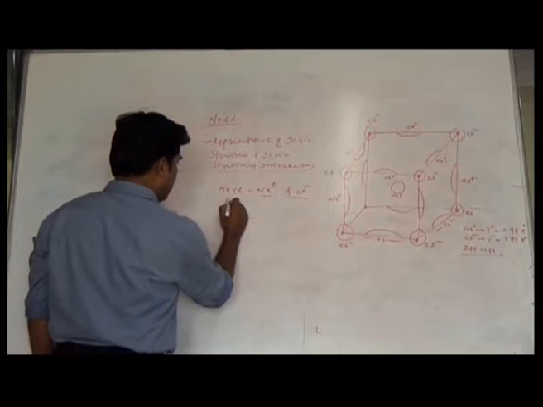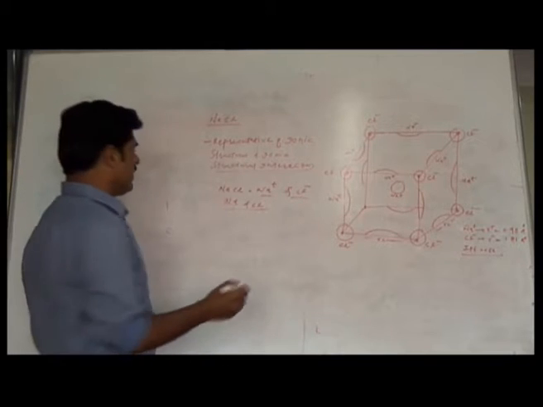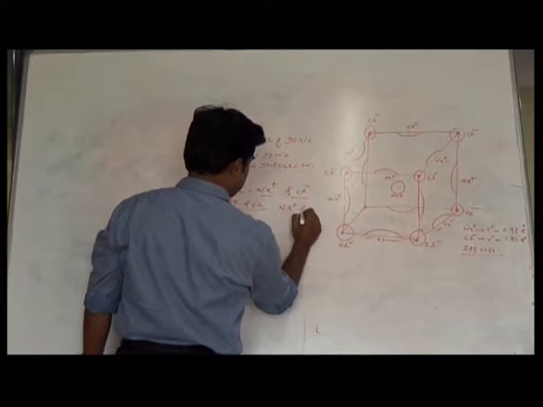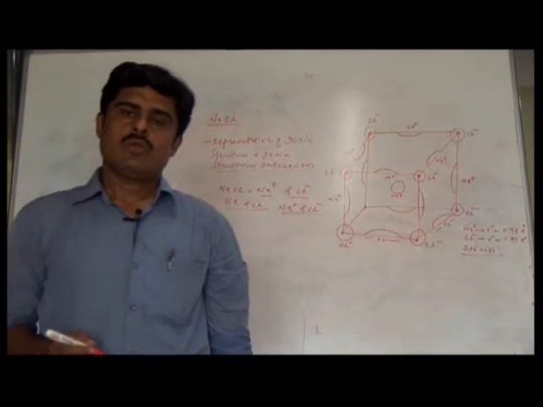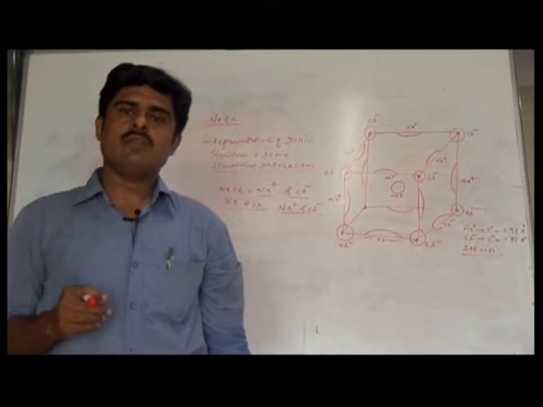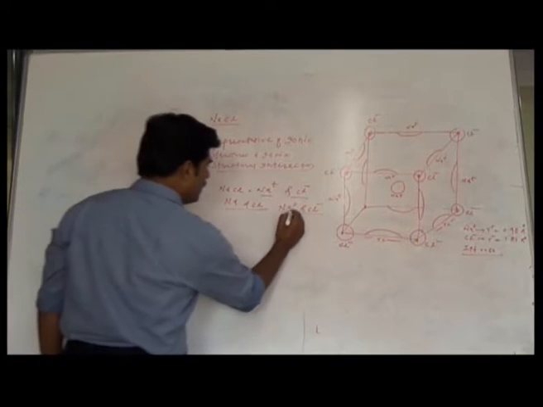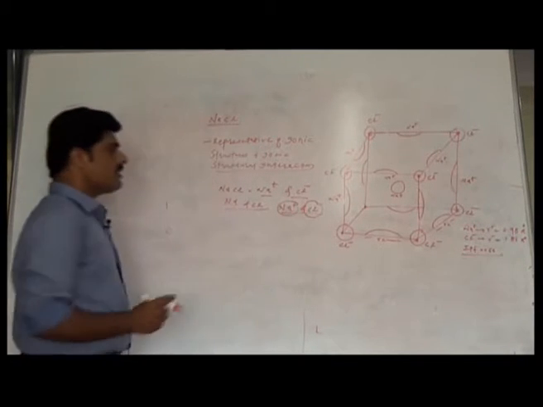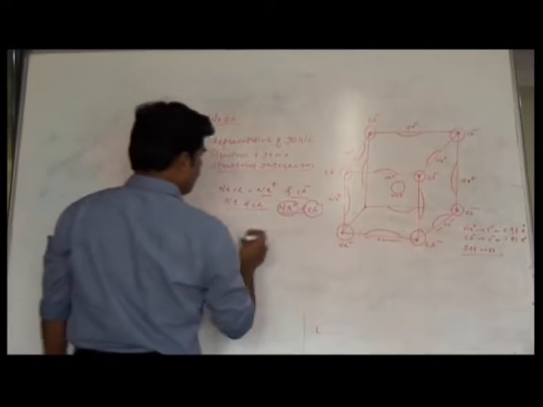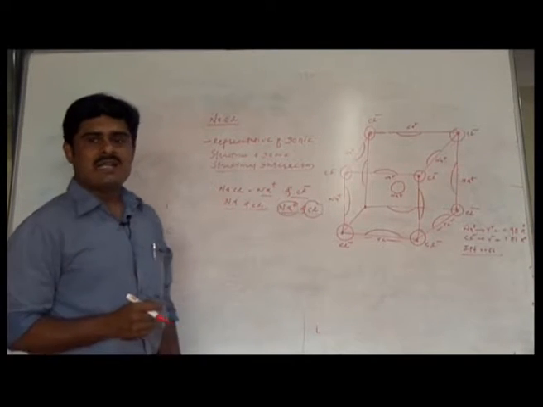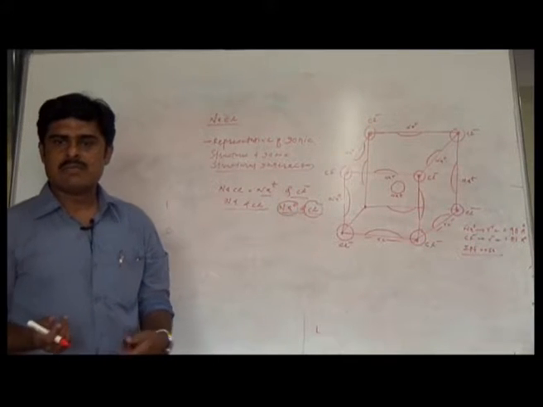It is not Na and Cl which form the sodium chloride structure, but in fact Na plus and Cl minus. Why am I making this clear? Because crystallographers must be interested in the geometric configurations of Na plus and Cl minus. Geometrically, what is the impact that Na plus has in comparison with Na?